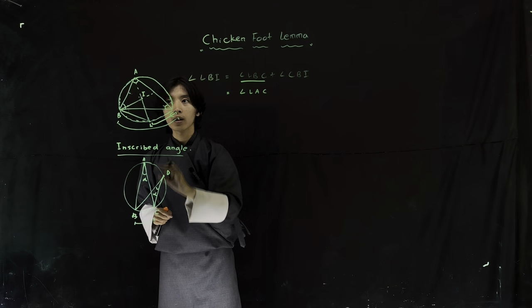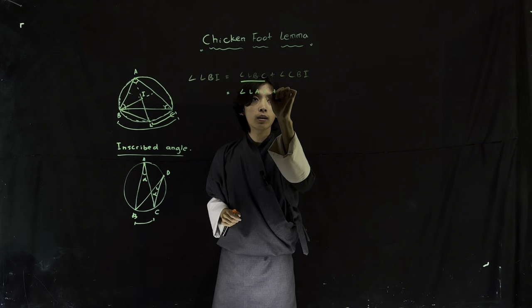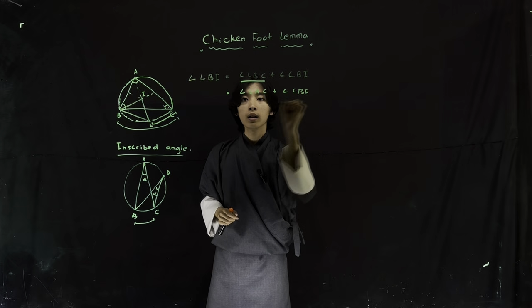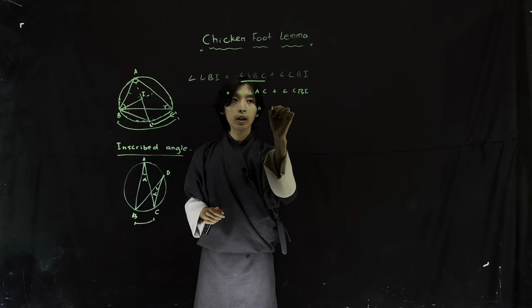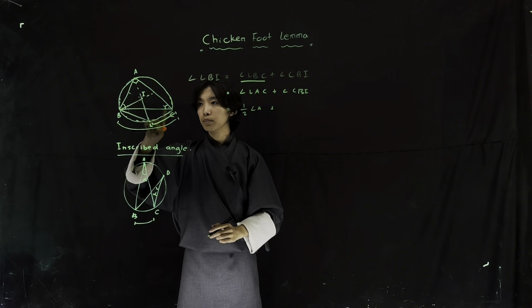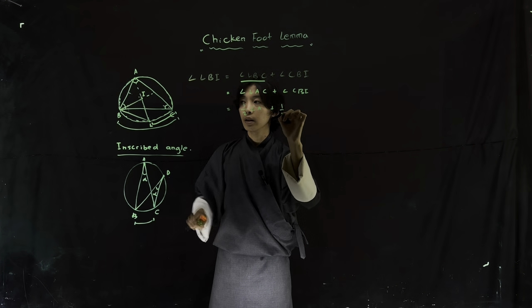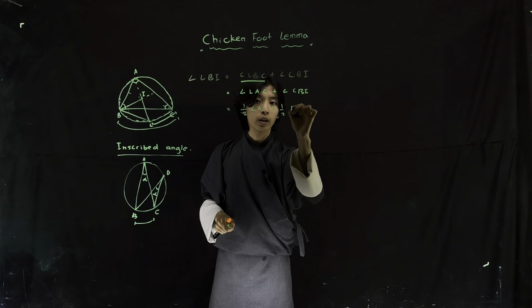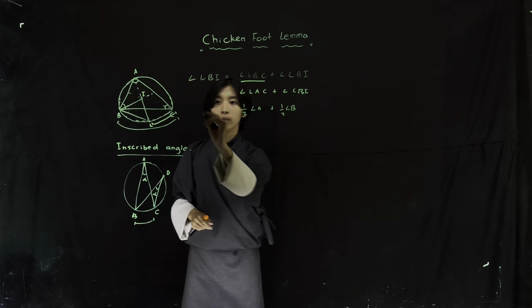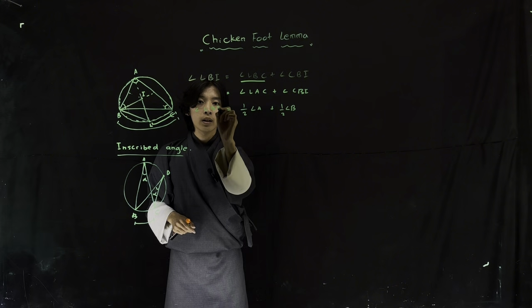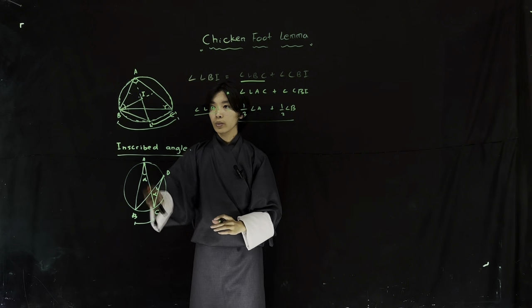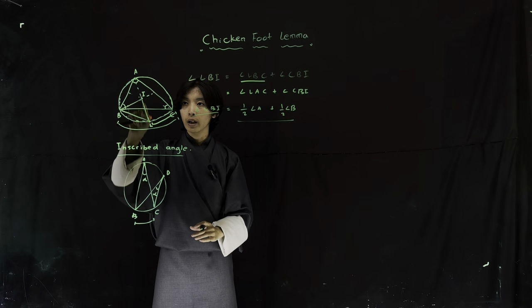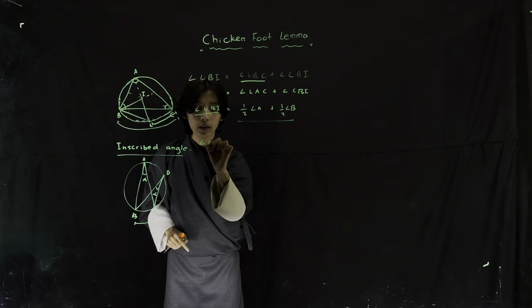LAC is half of angle A. So we can say that plus CBI: it is half of angle A, whereas angle CBI is half of angle B. So we have angle LBI as this.